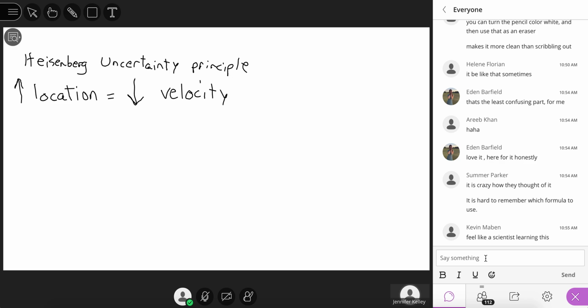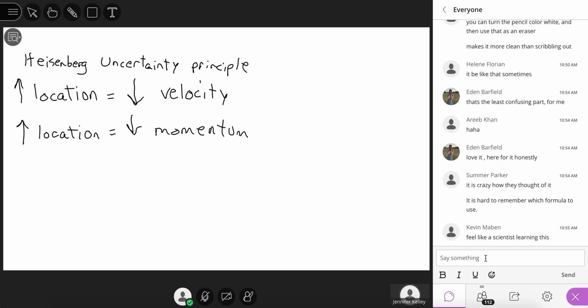You could also say that since mass times velocity is momentum, the more I know about the location, the less I know about the momentum. Location and momentum are called complementary properties. Complementary properties just mean that the more you know about one, the less you know about the other. So you kind of have to get to where you're at a happy medium.